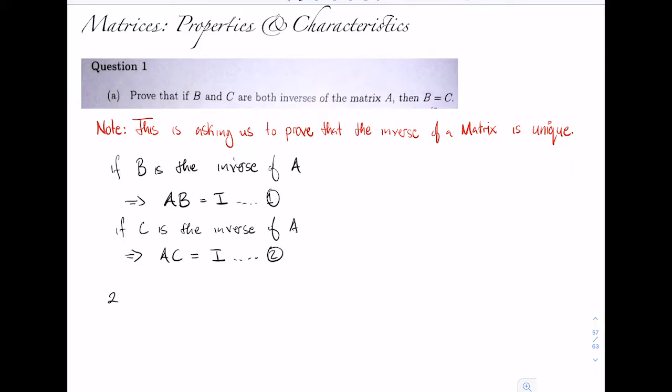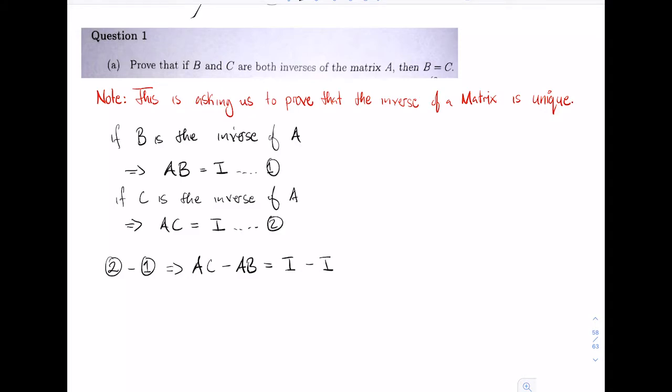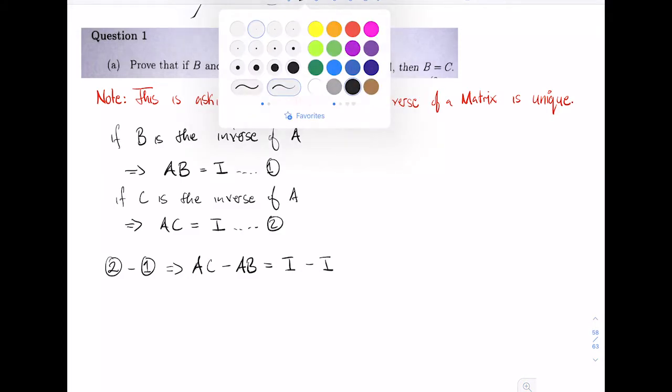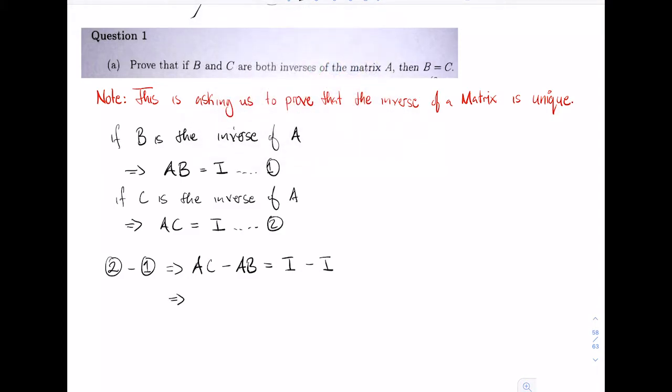Notice that if I take equation number 2 and I subtract equation number 1, what we end up with is AC minus AB equals I minus I. So we now recognize that we can factor out A from this expression, which now leaves us with C minus B being equal to the 0 matrix.